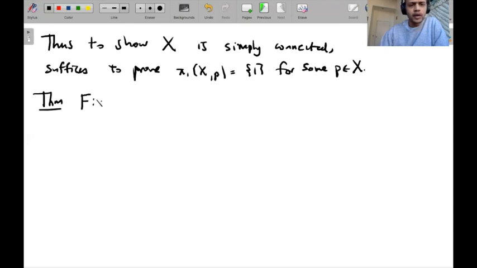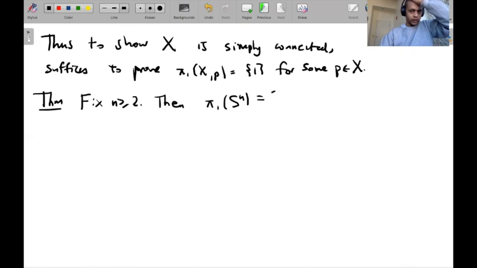Let's fix n at least 2. Then the fundamental group of the n-dimensional sphere is trivial. I'm now using this convention of ignoring the base point.